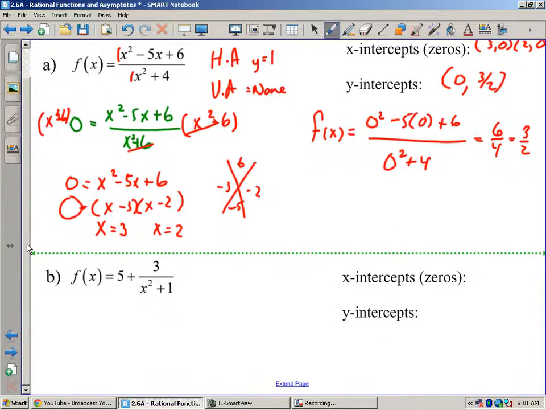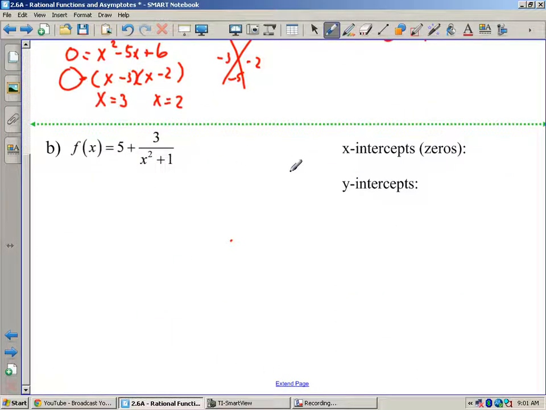So then in this guy, same thing, they're asking for x and y intercepts. So I'm going to solve it. I'm going to put 0 in for y again to find my x-intercepts, and do a little bit of algebra here. So I'm going to subtract 5, negative 5 equals 3 over x squared plus 1. Multiply both sides by x squared plus 1.